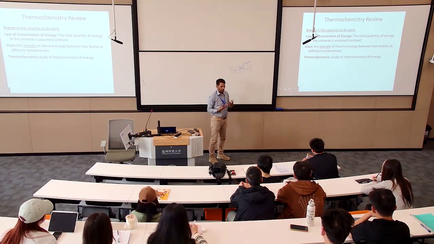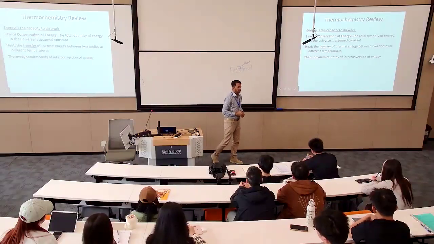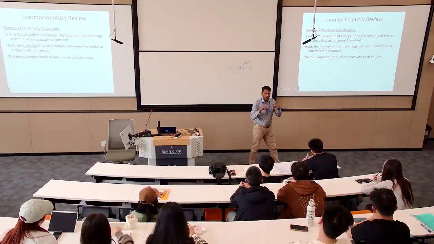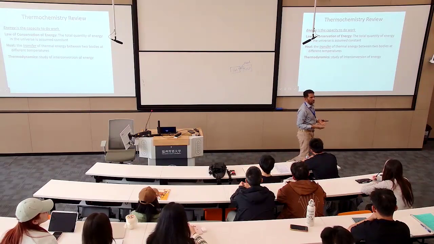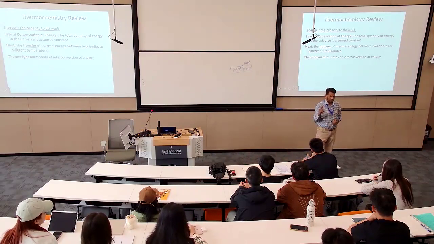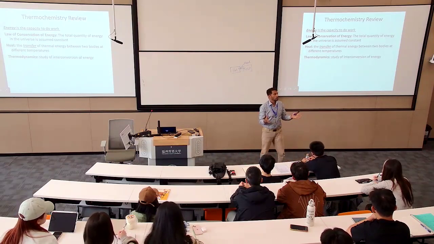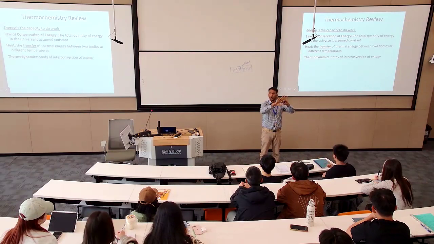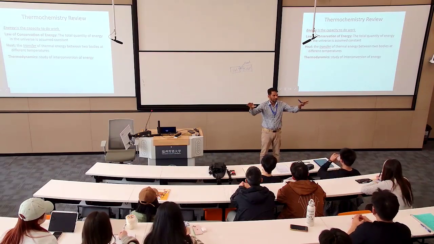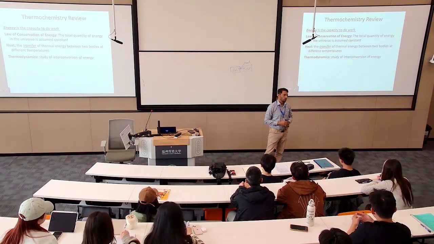Okay, but another definition is that the total kinetic energy is called heat. Temperature and heat have very similar definitions. The temperature of this room means the average kinetic energy of the gas molecules in this room. And the total kinetic energy of all the air in this room is called the heat of this room.